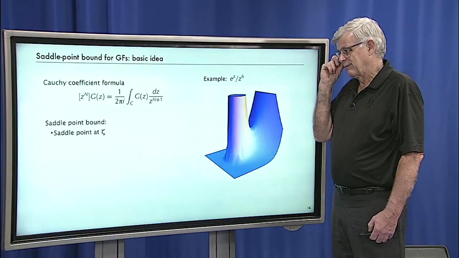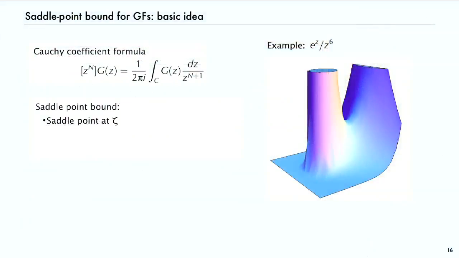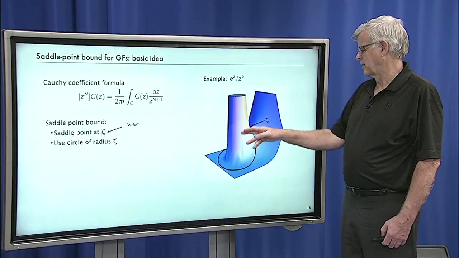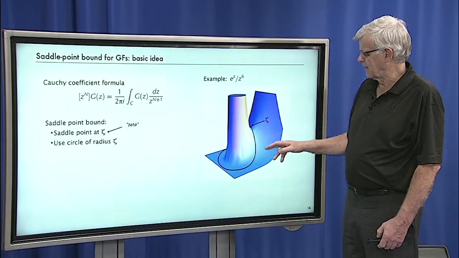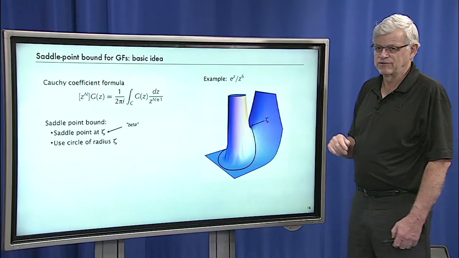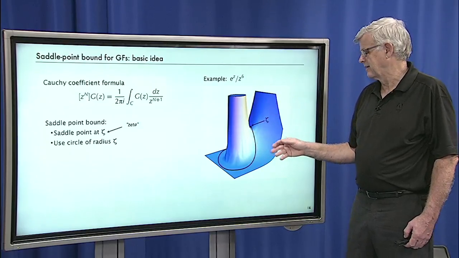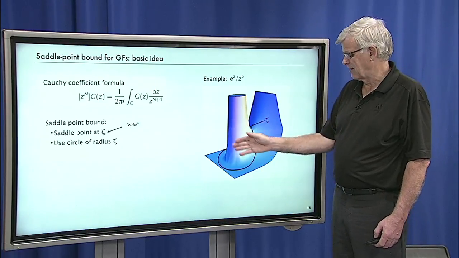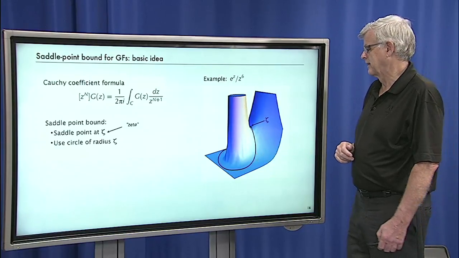So the idea of a saddle point bound is to find a saddle point, and we always use zeta, the Greek letter zeta, for the saddle point. And then for our circle, we'll use a circle of radius zeta. So this is what the integral will be adding up, the height under that circle. And as you can see, for most of the range, it's very, very small.